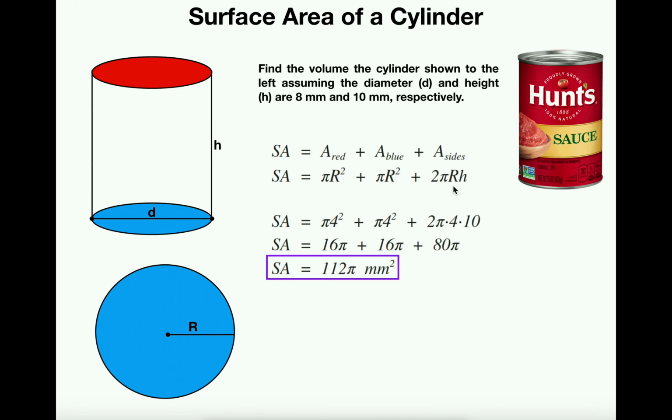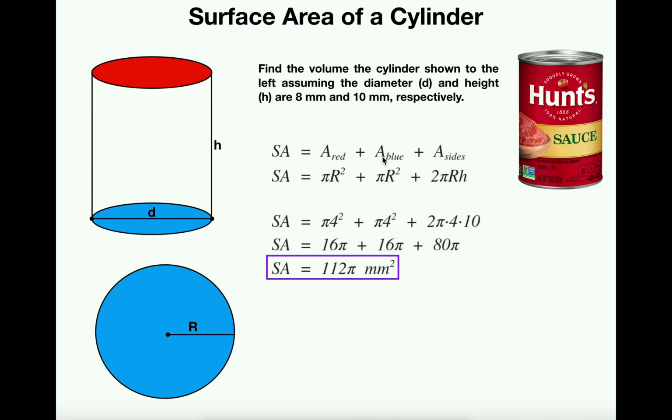So let's go ahead and plug in some numbers. Our surface area would be, for the red, pi times 4 squared. Now, our diameter is 8 millimeters. Notice we have a diameter and height of 8 millimeters and 10 millimeters respectively. So our diameter is 8 millimeters, which means that our radius is half of that, 4 millimeters. So r is 4, so pi times 4 squared.